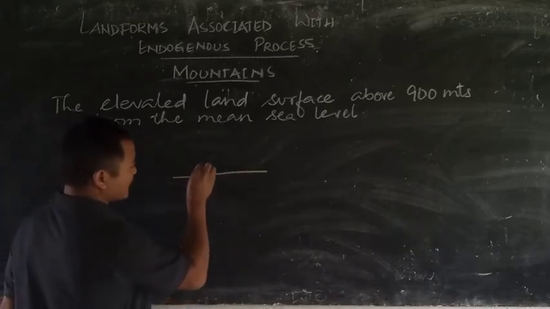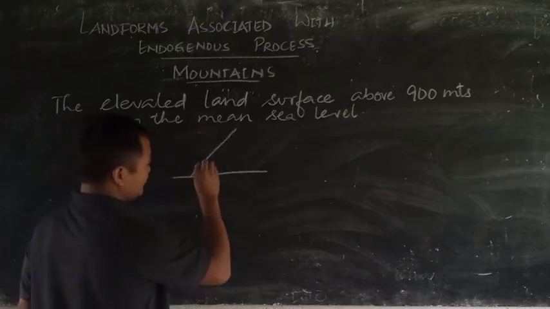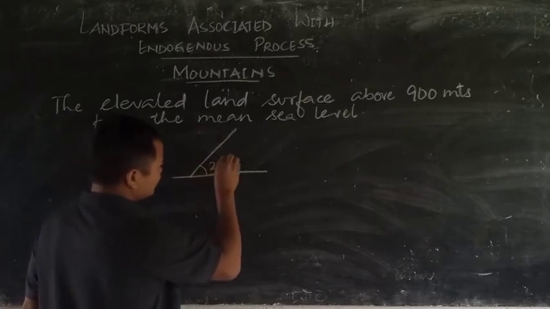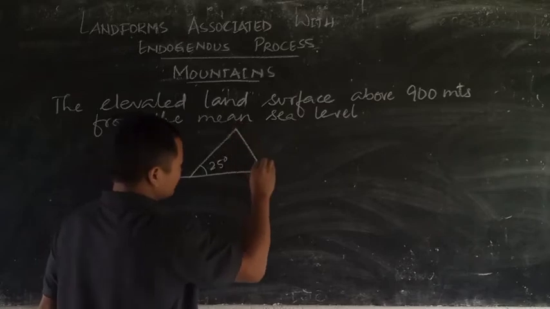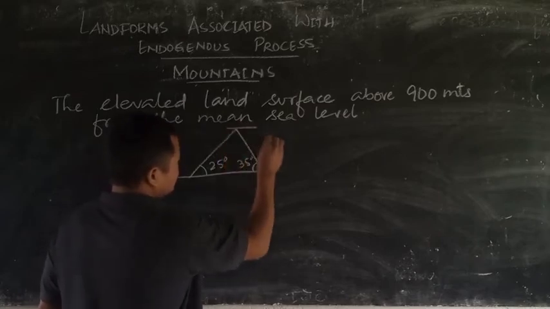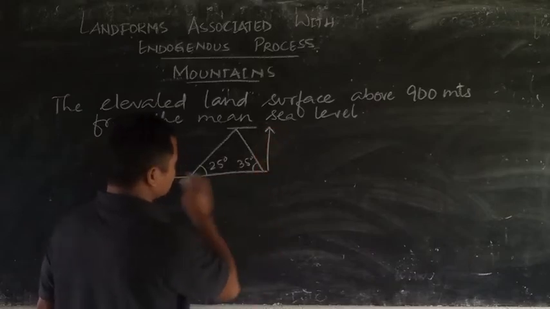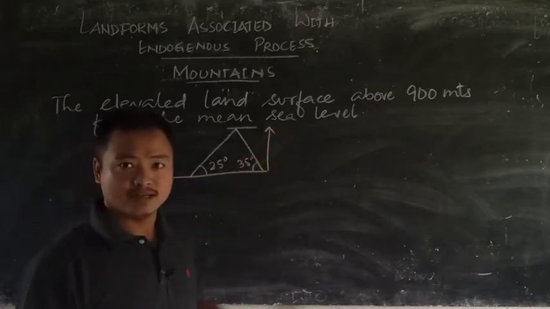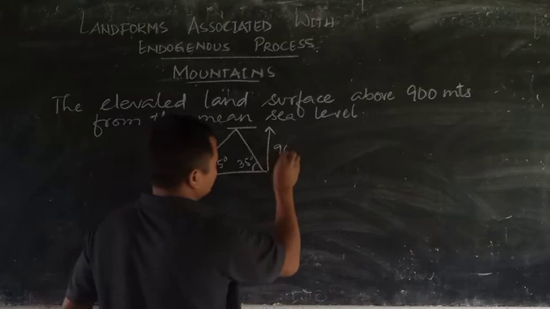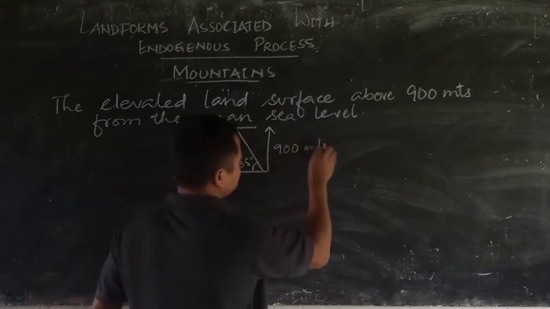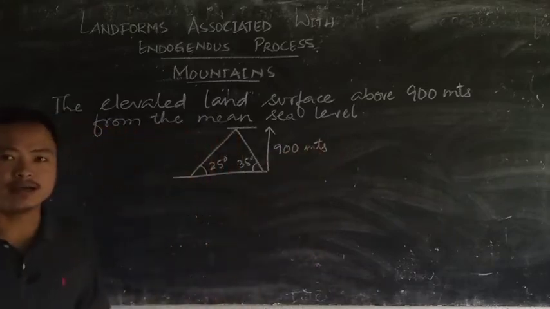The slope of the land, if it's 25 degrees to 35 degrees and is at an elevated surface from its surroundings, but has to be over 900 meters, this is called a mountain.